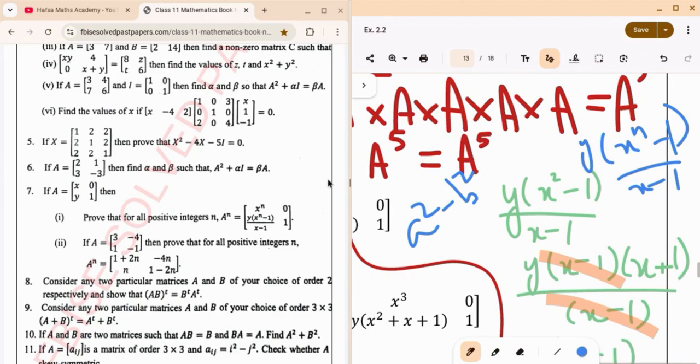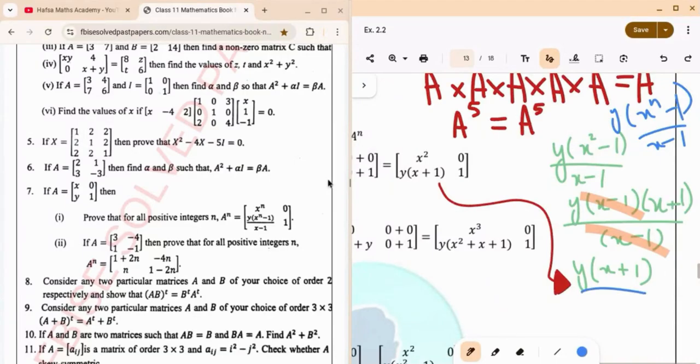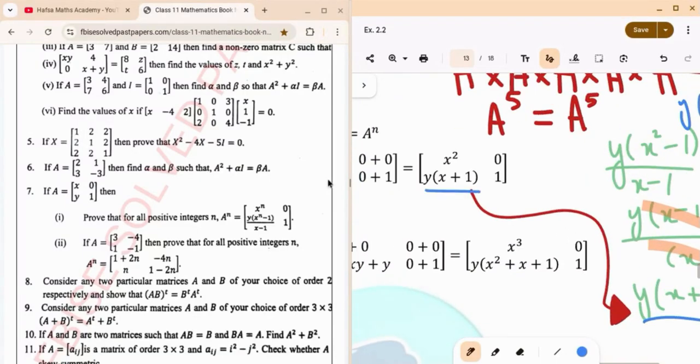In this case, we can write it as x squared minus 1 squared because the square of 1 is 1. That gives us our formula a squared minus b squared, which let me separate into y into x minus 1 into x plus 1 over x minus 1. As you can see, I cut the x minus 1 with the x minus 1, and we're left with y x plus 1, which is why we have that over here. So don't be confused if the structure doesn't look exactly the same.